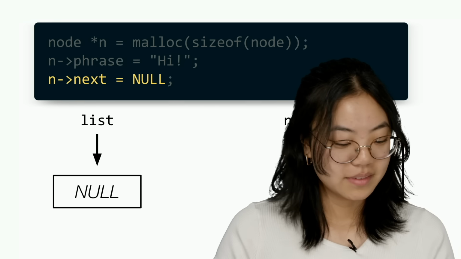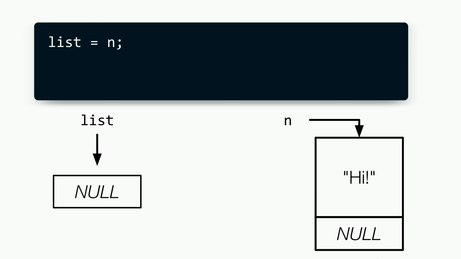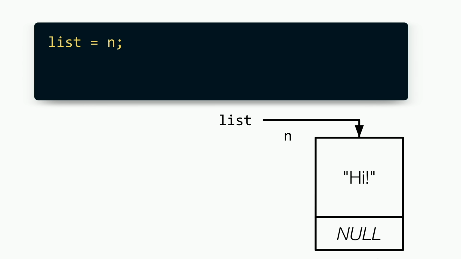So this indicates that my list is only this one node long and that there's no node that comes after my n node. So then I'm going to reassign list to n so that this is now the head of my list. So I have list, which is a pointer, pointing to the head of my list.